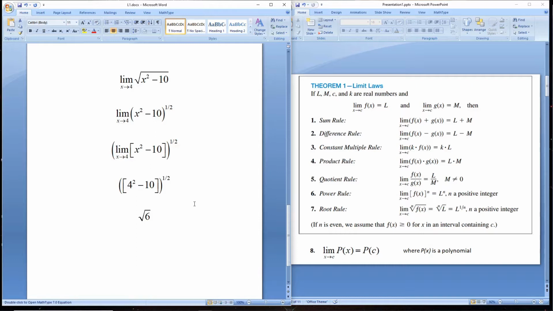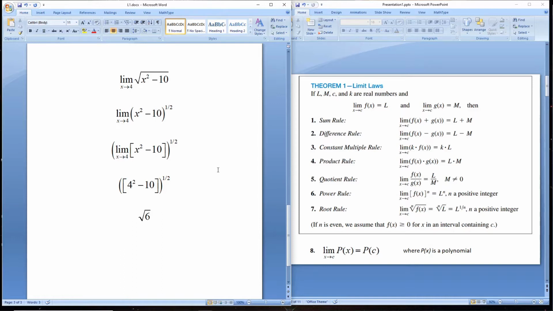Now, it is true that for the vast majority of your homework, you can just plug the number in. Now, there are some cases where this will fail, and this will always fail at a gap. And as I talked about last time about properties, I tried to point out the gap.